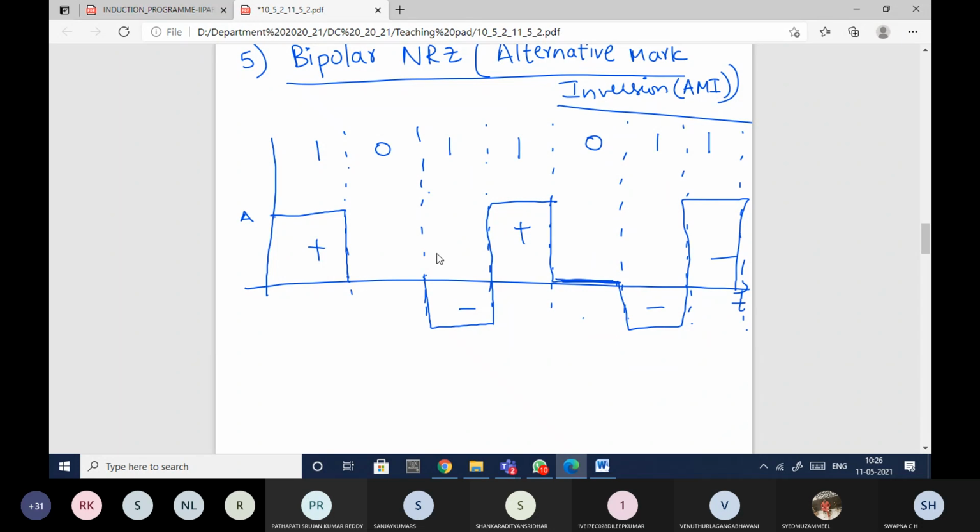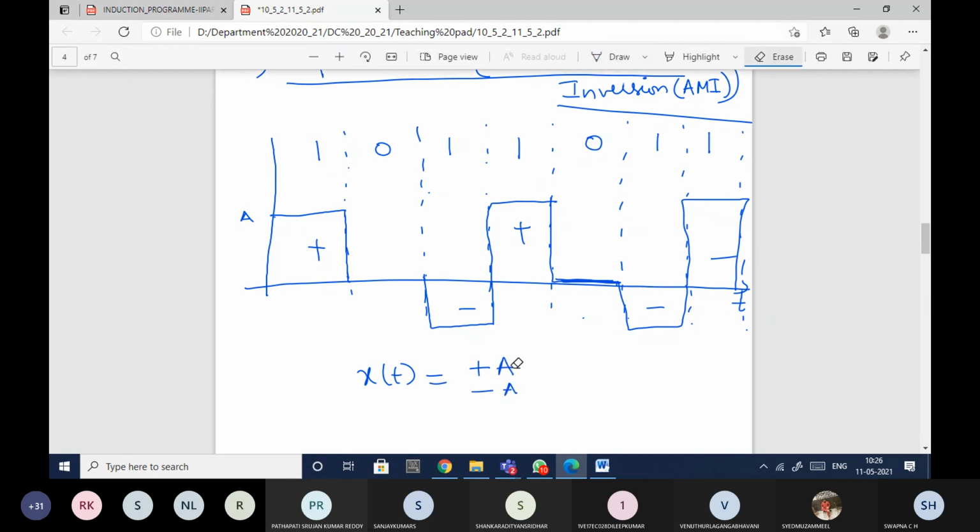Is this bipolar? Yes, ma'am. Okay, so I'll just try to represent it in the mathematical form as well. So x of t can be equal to plus A or minus A for symbol 1, over the interval 0 to Tb, the complete interval, and will be equal to 0 for symbol 0.